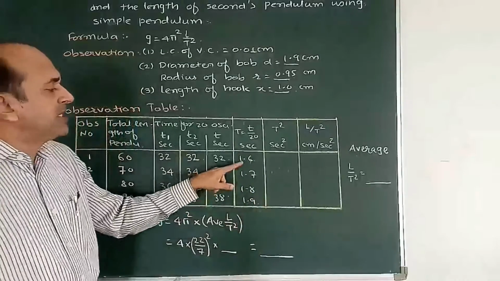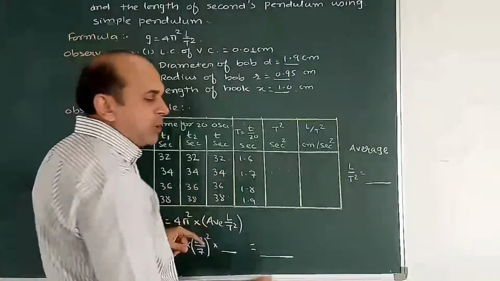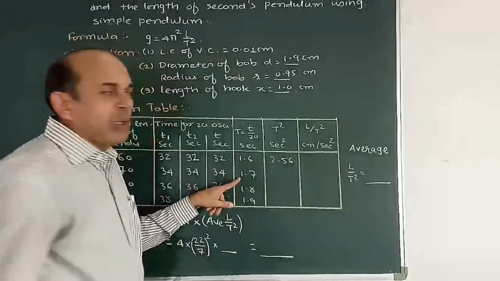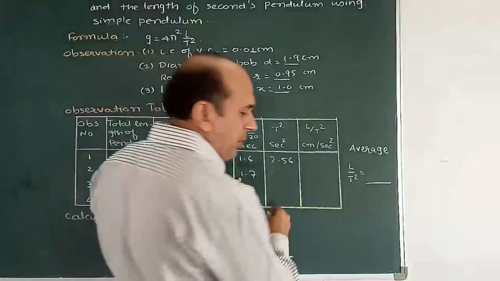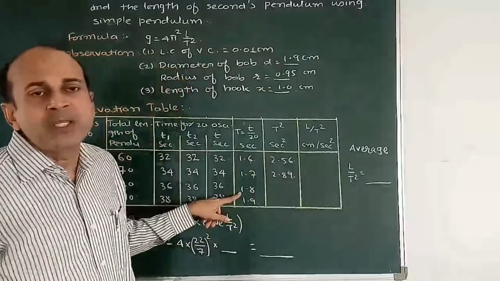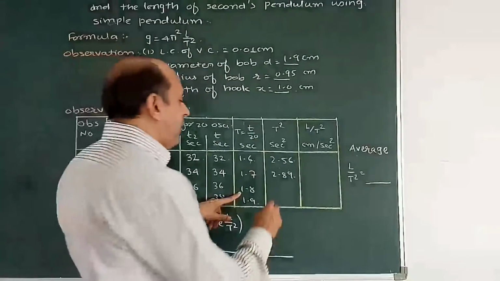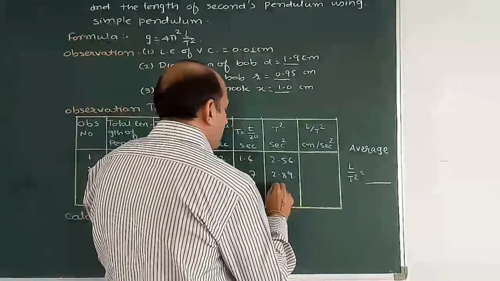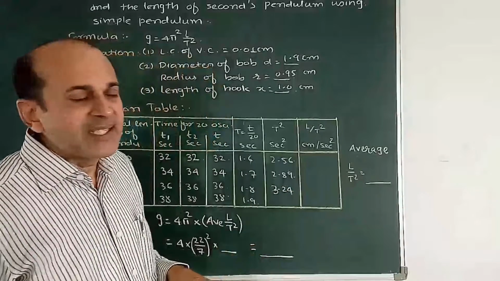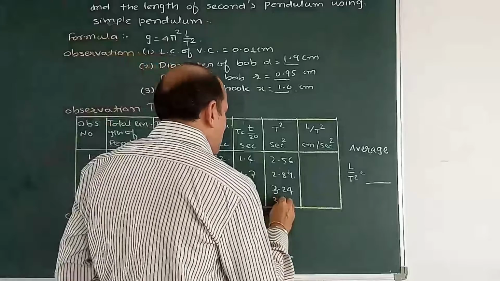Now the square of 1.6 is 2.56, the square of 1.7 is 2.89, the square of 1.8 is 3.24, and the square of 1.9 is 3.61.